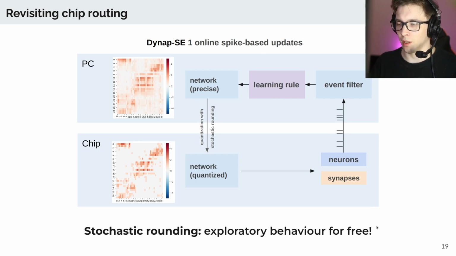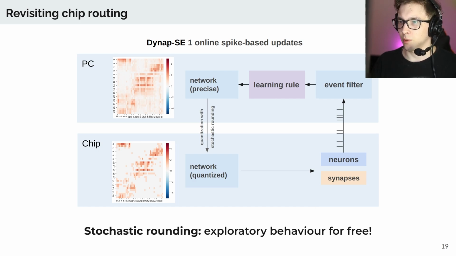And then a trick that has been proven to be quite useful is to use stochastic rounding. So when you do this quantization step, or the transition from precise network to quantized, instead of deterministically rounding up or down to the next integer value, you can rather use those fractional parts as probabilities of rounding up or down, and apply to gradient descent, for example.